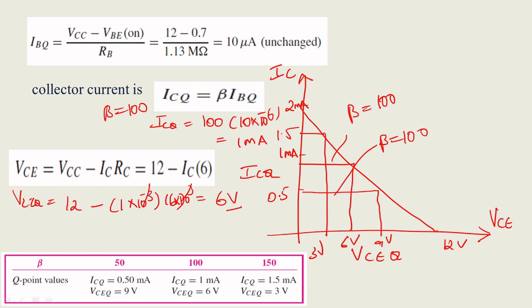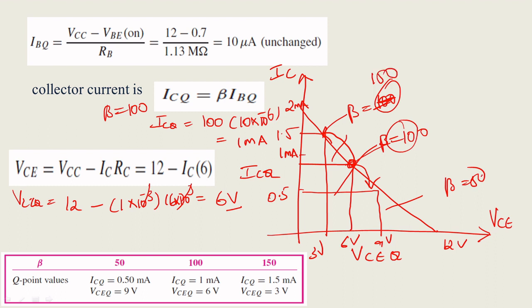You can see how this Q point varies to higher and lower levels with changes of beta. This is for beta 50, this is for 100 and this value is for 150.